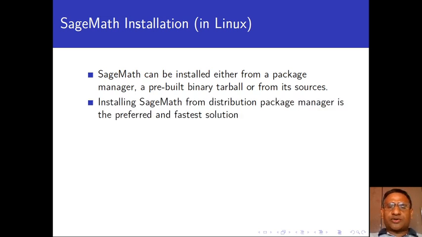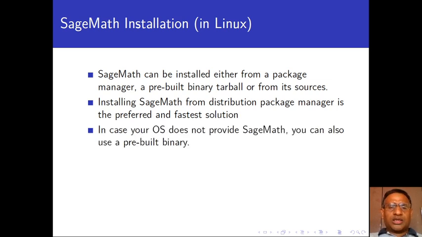Installing SageMath from the distribution's package manager is generally preferred and faster. It also removes many dependencies. In case your operating system does not provide SageMath in the package manager, you can install from a pre-built binary file.